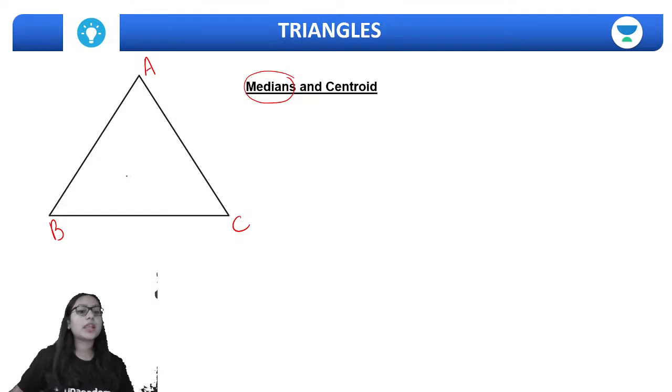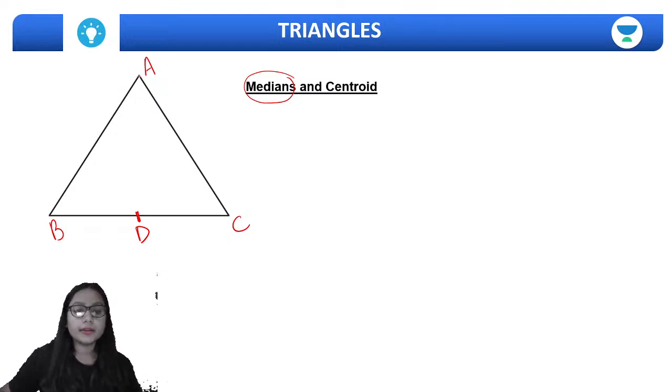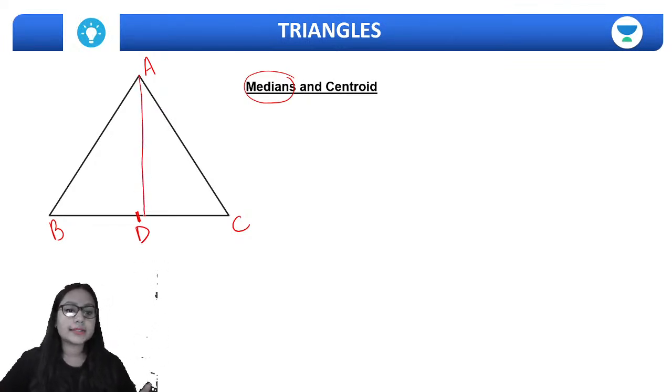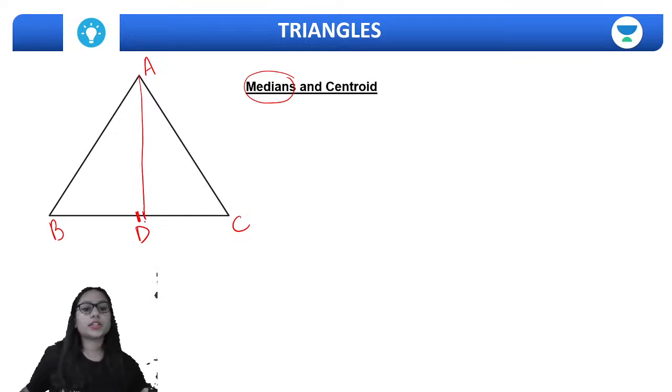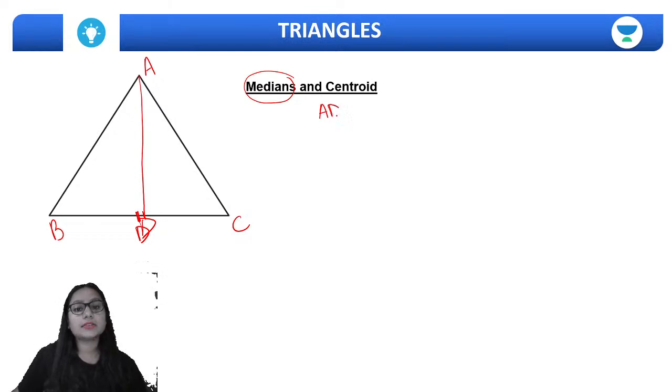Let us take the midpoint of side BC as D. If I join the vertex A with this point D using a line segment, then this line segment AD is known as the median.